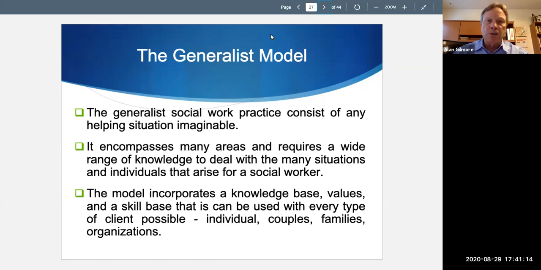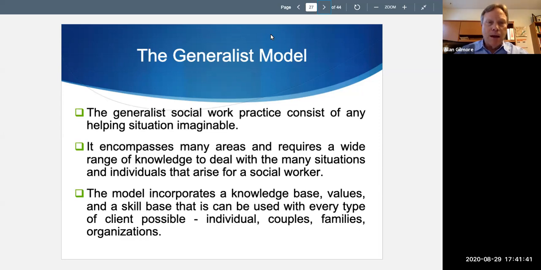So, the generalist model. This is a way of thinking about social work practice as the baseline, or I guess you would describe it as the fundamental skill sets and abilities that a strong entry-level generalist social worker would come with.